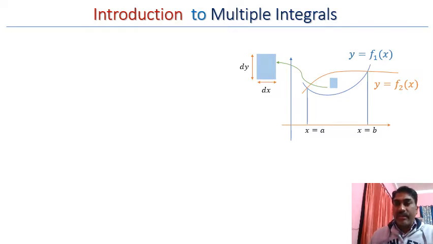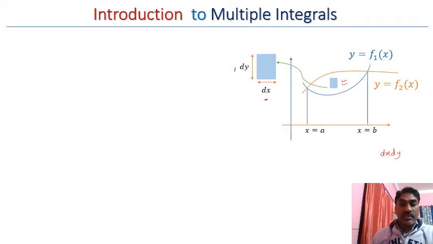Let us consider a very small rectangle in the enclosed area, and I have shown the small rectangle in enlarged form with width dx and height dy. So the rectangle has the area dx times dy.